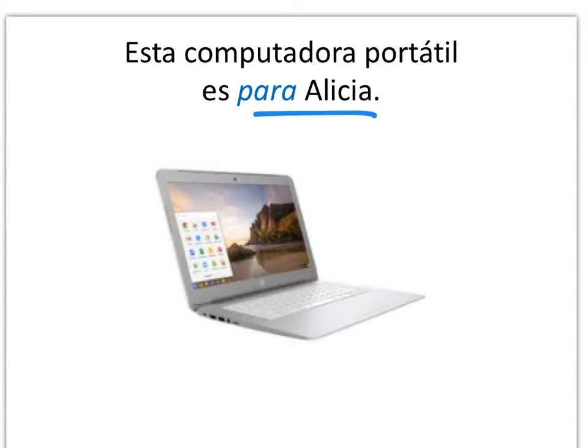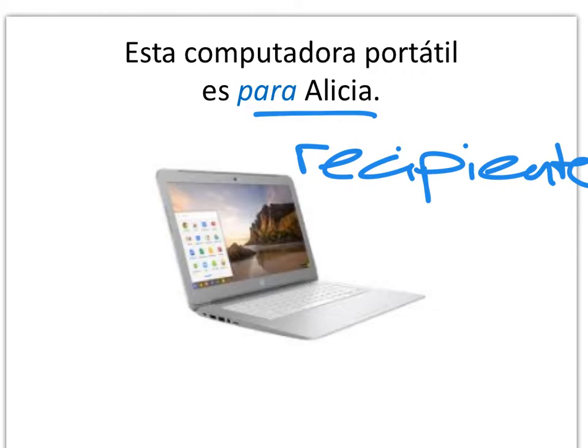Because we can use por with people. ¿Cómo se dice, por favor? Sí, muy bien, gracias. So Alicia is receiving this computer, okay? She's the recipient of a gift or whatever. La pizza es para ustedes, or recipient, recipiente, whatever.